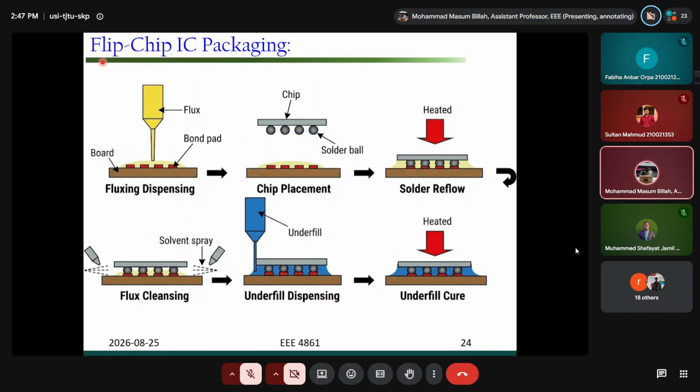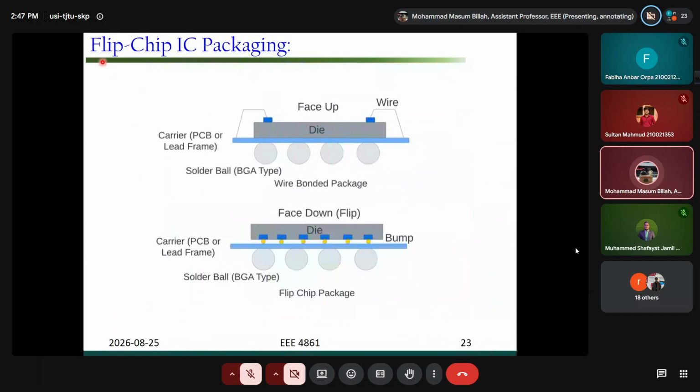I mean, last year, 23-24 batch, last year final exam, I asked this question to students, so you can also consult with that question. The fabrication process of this particular IC or packaging process of this particular IC type, like what is called flip chip package, and how it is better than wire bonded package. What are the limitations of flip chip package?